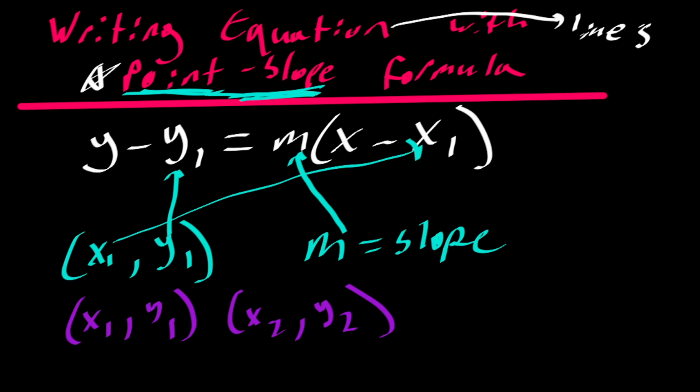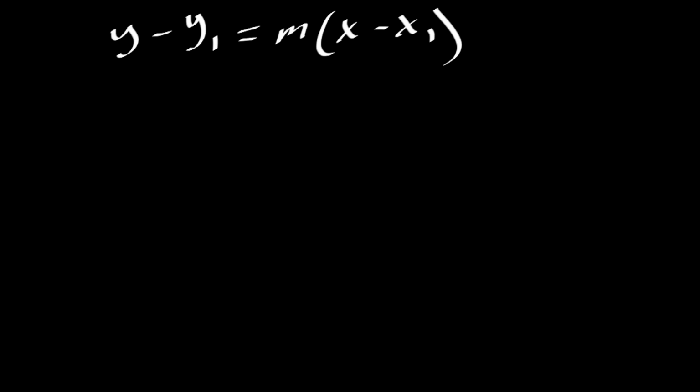So first, let's start off with the basic examples. Here's the point slope formula, so we can see it. They're going to say, write the equation of a line, and it's going to have the point -1, 7, and the slope is -4.